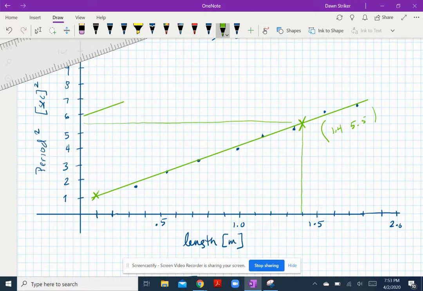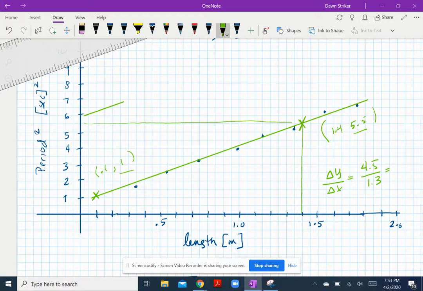And I've got this point down here, and what is that? 0.1 meters and 1 second squared. So I can do change in y over change in x. What does that give me? 5.5 minus 1 is 4.5. 1.4 minus 0.1 is 1.3. There's my change in y over change in x.